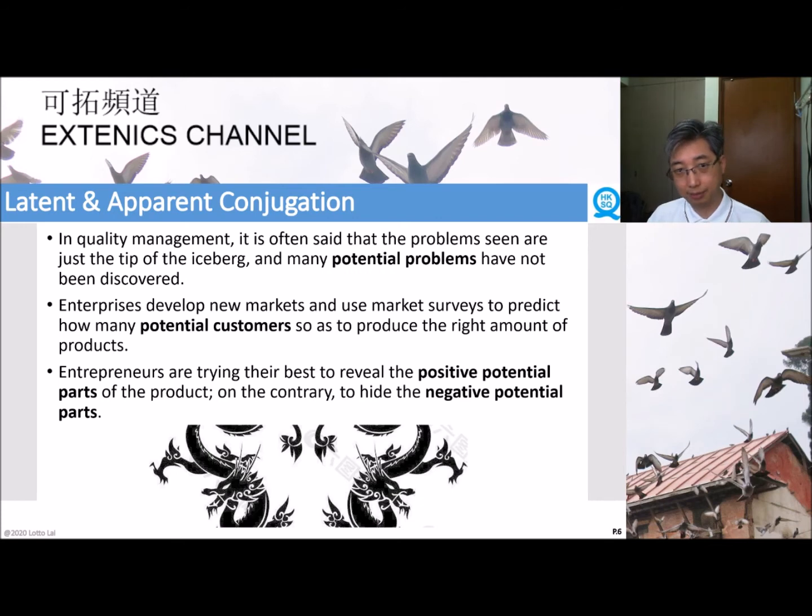Another example is when an enterprise develops new markets, they usually use a marketing survey to predict how many potential customers there are, so as to produce the right amount of products. In other examples, entrepreneurs do their best to reveal the positive potential part of the product and, on the contrary, to hide the negative potential part.